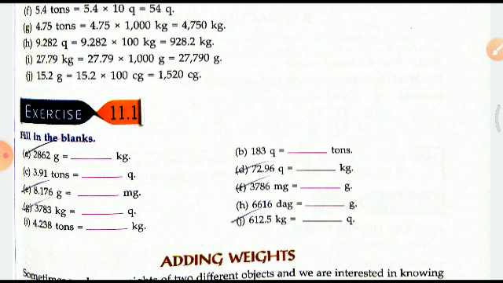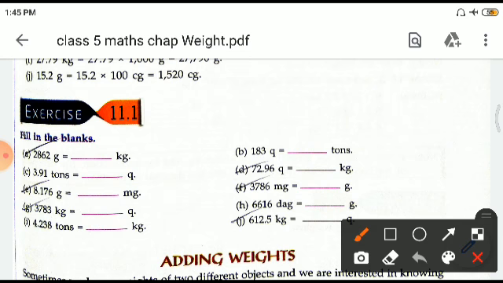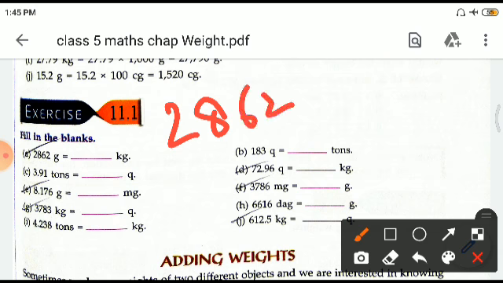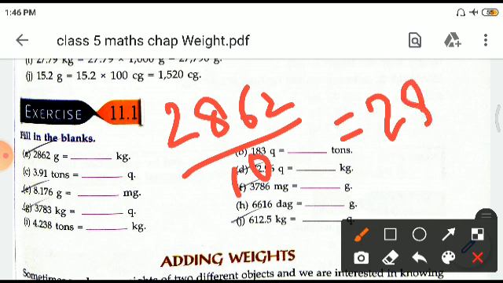See the first one, 2862 gram. We have to convert it into kilograms. So what we will be doing, we will be simply writing 2862, dividing it by 10. So you will be getting 286.2. Right? This is for decagram, but here the conversion is for kg. So for kg we will be dividing it by 1000, because we know that 1000 grams are there in 1 kilogram.